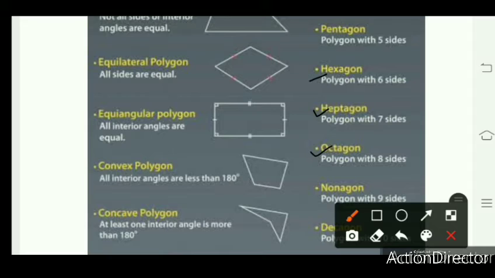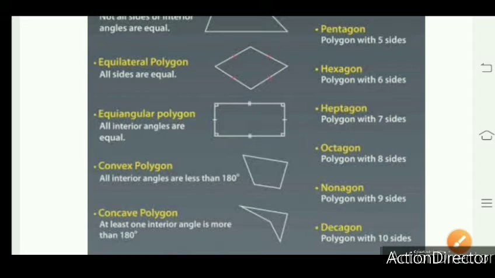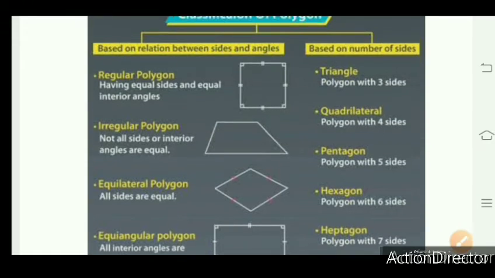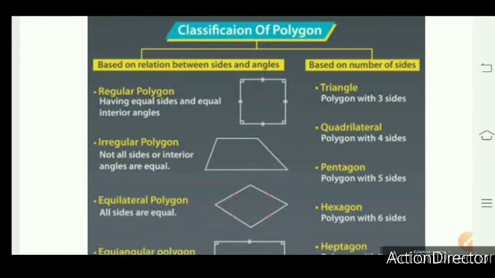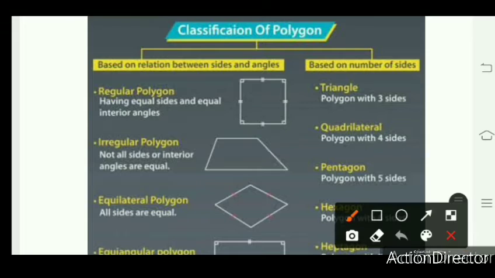Nonagon, which has a total of 9 sides. Decagon, which has a total of 10 sides, right? So here we discussed classification of polygons on the basis of sides and angles and number of sides.